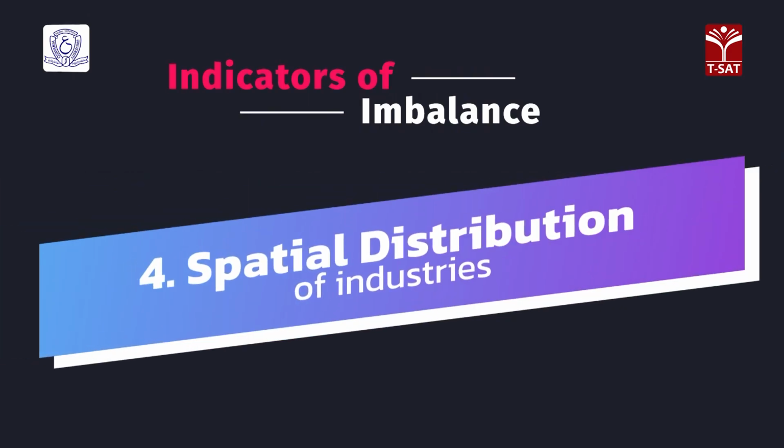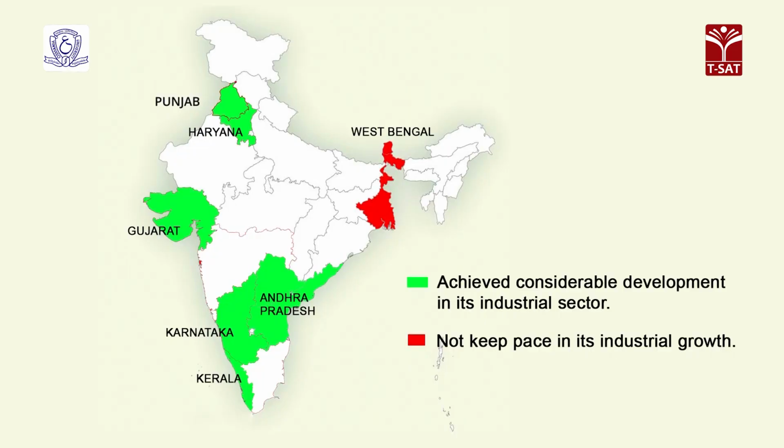Spatial distribution of industries. Another important indicator of regional imbalance is the uneven pattern of distribution of industries. Since independence, states like Karnataka, Andhra Pradesh, Kerala, Gujarat, Punjab and Haryana have achieved considerable development in their industrial sector.